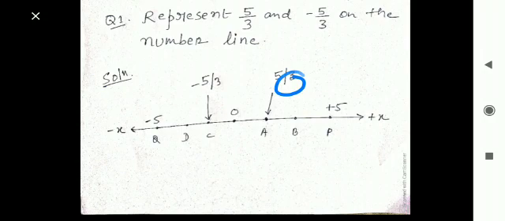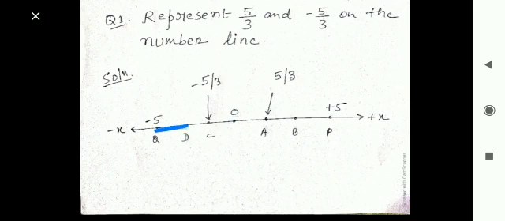So we will divide that OQ line into 3 equal parts, and the same for line OP, we will divide that OP line into 3 equal parts. Here I have taken the line OC, then CD and then DQ.